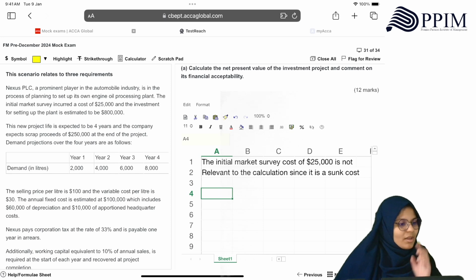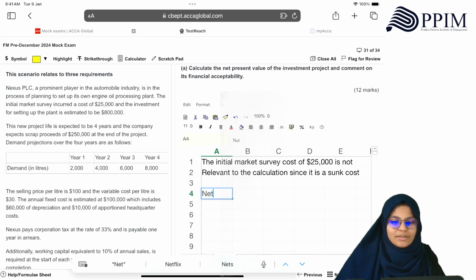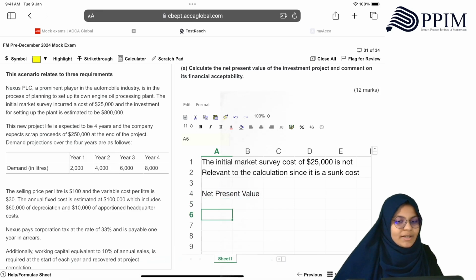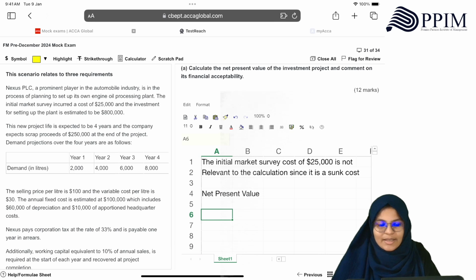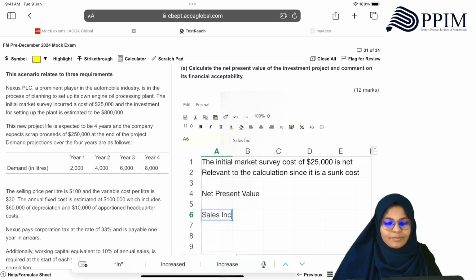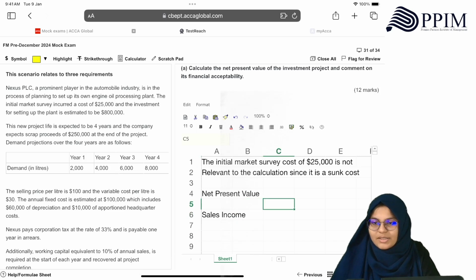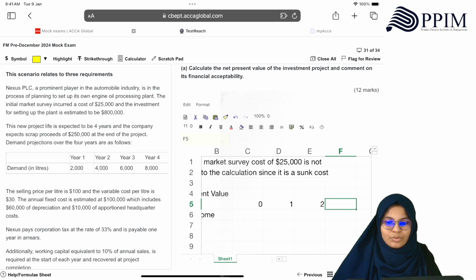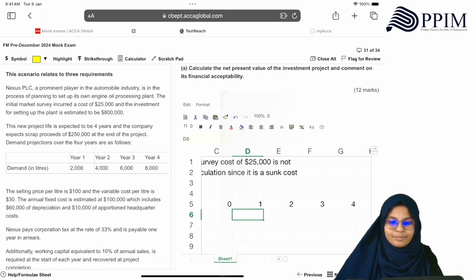Okay, right. So let me set up the structure. Net present value, right? So let me start with the sales income. I have years 1, 2, 3 and 4.